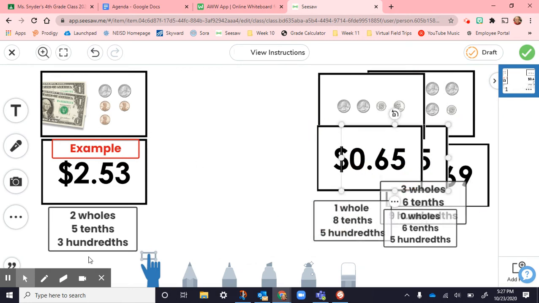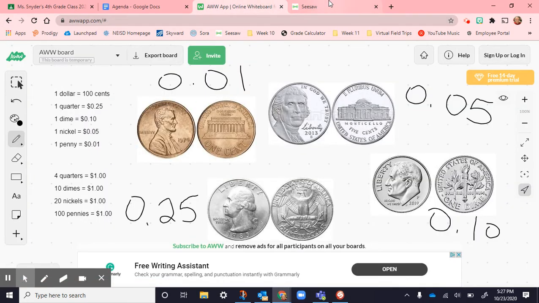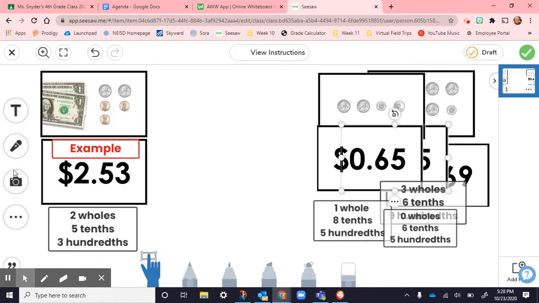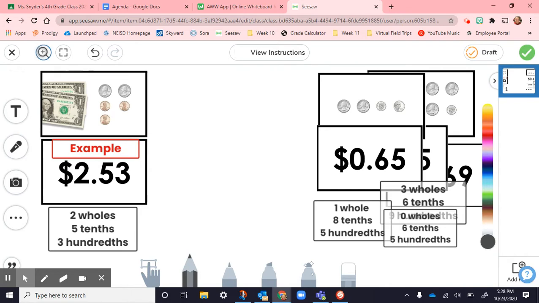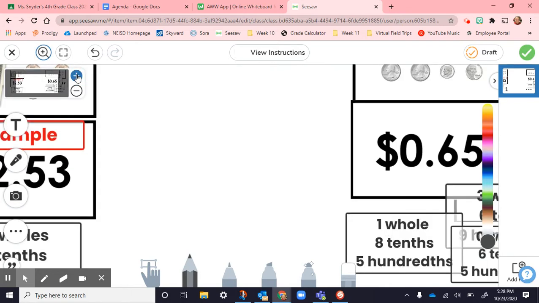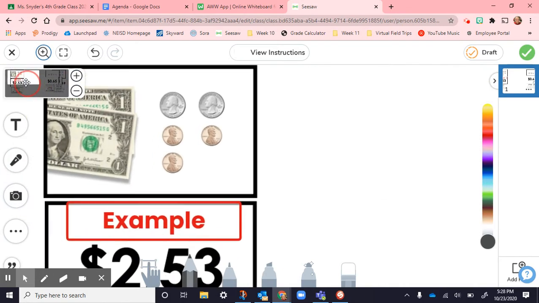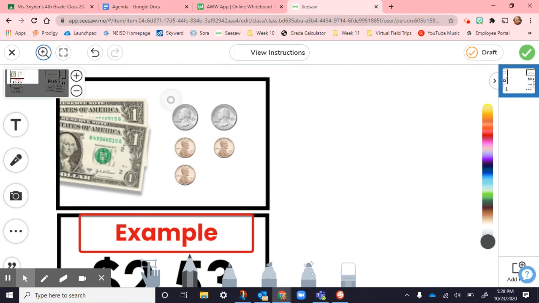So here's the example. Here you have $2 bills, you have 2 quarters and 3 pennies. So again, you can use your information from your notebook. You can say, okay, I know if I have 2 quarters, each one of these is 25 cents, 0.25.